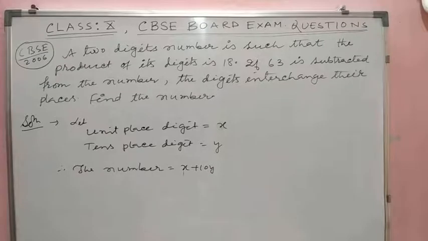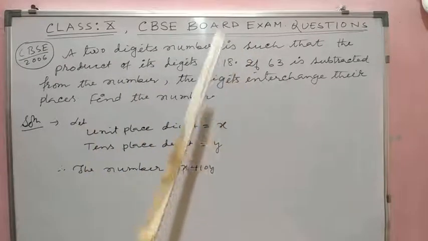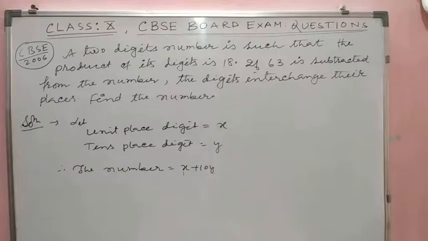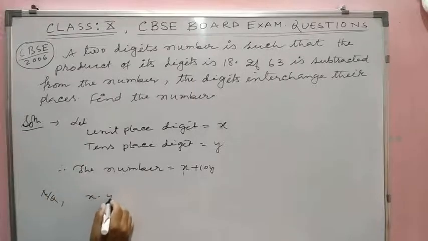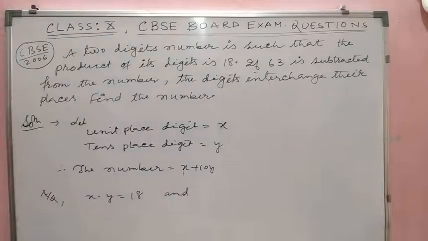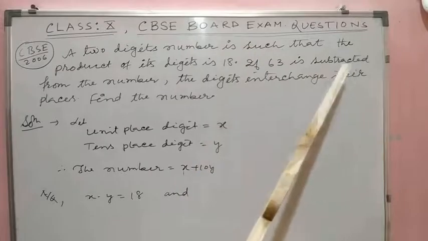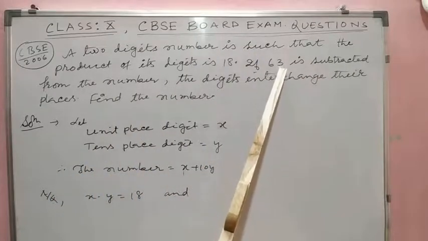Now, according to the question, it is given the product of the digits is 18. So according to the question, we can write product of the digits equal to 18. And second condition given, if 63 is subtracted from the number, this is the number, from here we have to subtract 63.